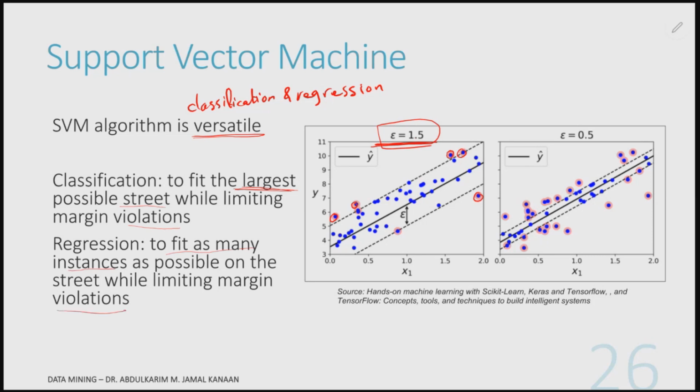Violation here means the data points or instances that reside outside the street. While here in classification, the margin violation is data points or instances that reside in the street.